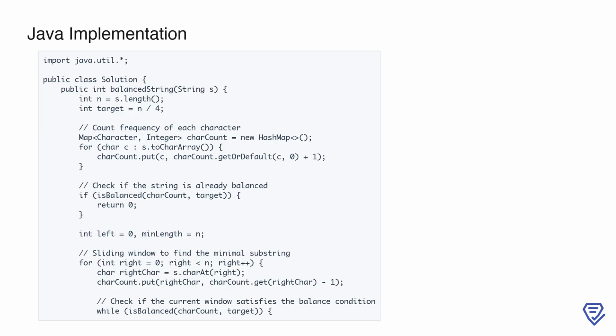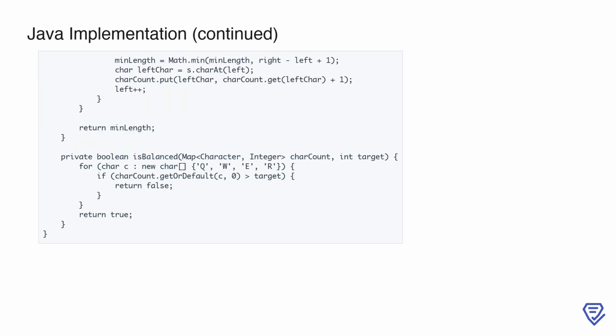Otherwise, we initialize 2 pointers, left and right, to implement a sliding window approach. The variable min_length is used to track the shortest substring length that meets the balancing condition. As we iterate through the string, we decrement the frequency of the character at the right pointer and check if the current window satisfies the balance condition using the helper method isBalanced.